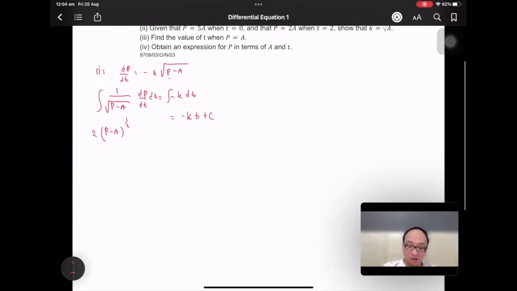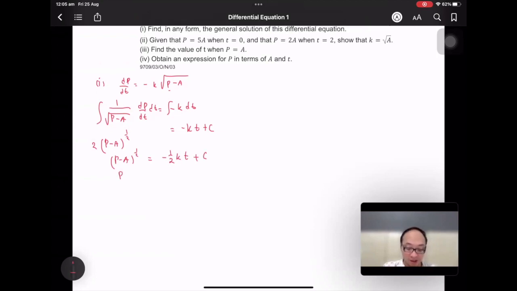So (P minus A) to the power of half equals half of negative kt plus c. So P minus A equals (c minus 1/2 kt) squared. So P equals A plus (c minus 1/2 kt) squared.